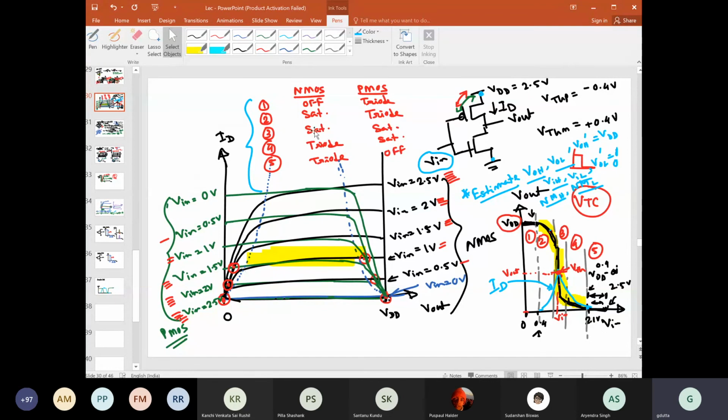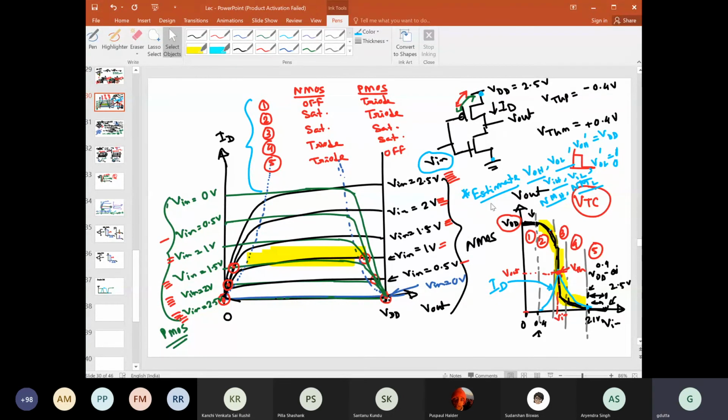And you have understood from here in which region which transistor is operating in which mode, and that is necessary for calculating the different points, for example VIL and VIH. All these points you can only find out if you know the regions of operation of the transistor at that particular point.